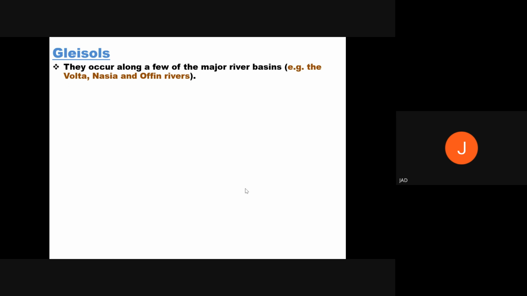1,800 millimeters. Then we have the clay soils. They occur along a few major river basins, the Volta, Nasia, and Ofin rivers. They occupy terrace positions and are rarely inundated by river floods.